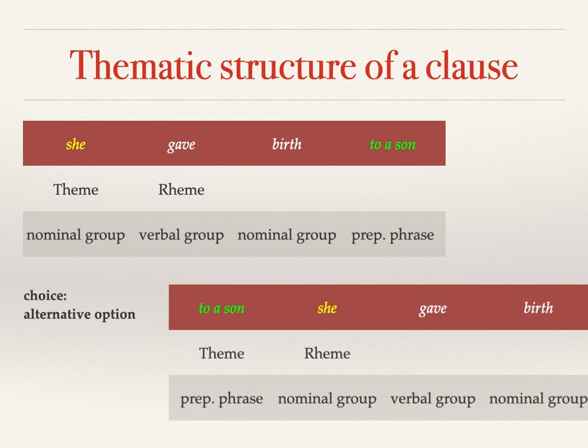And you could reason about this again, and you can say, what's the significance of choosing she rather than to a son as theme? And how is it motivated in its particular environment in the text? What we're getting here is that the theme both reflects and constructs the development of the text, what's been called the method of development. And if you were to choose to a son, it would have other implications than she.